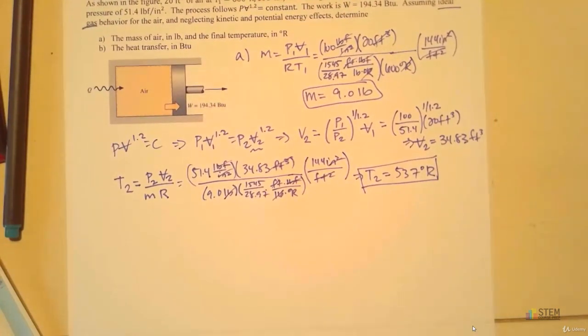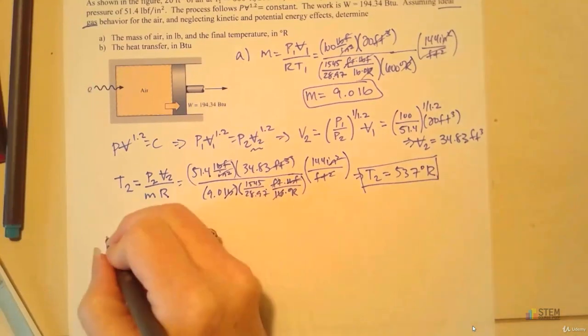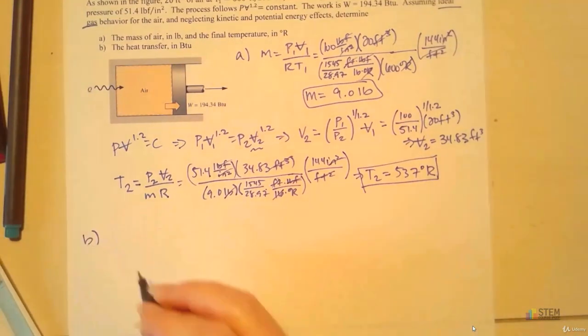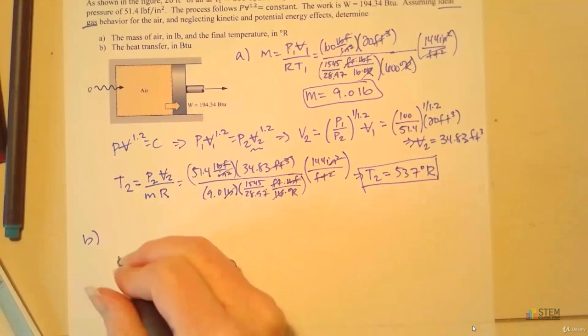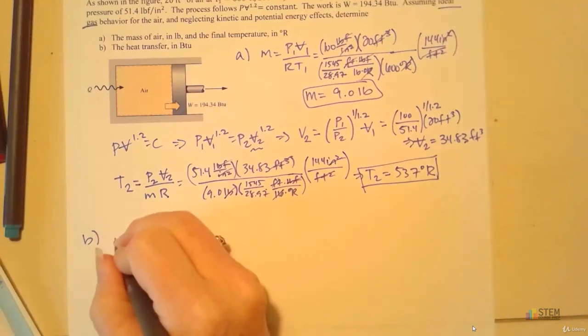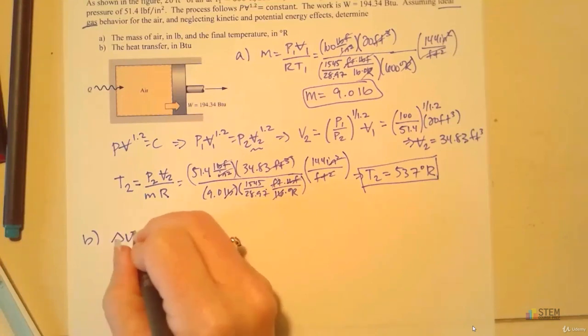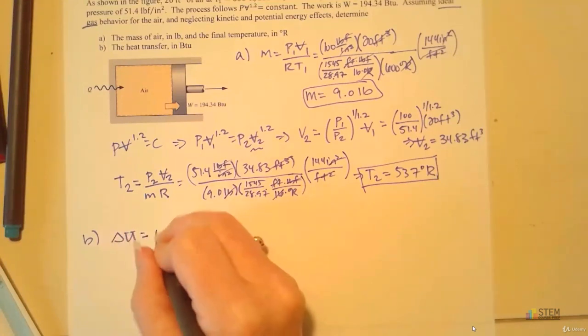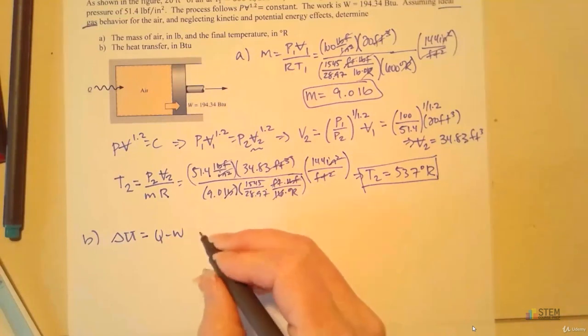Now what we need to do, we need to get heat transfer. That one, remember, you're going to use energy balance. Anytime you want Q, just go to that energy balance equation. And we already said kinetic and potential terms are going to be left out, so I'm not going to write them out. That's going to give us delta U equals Q minus W.